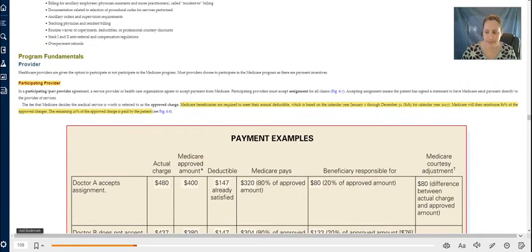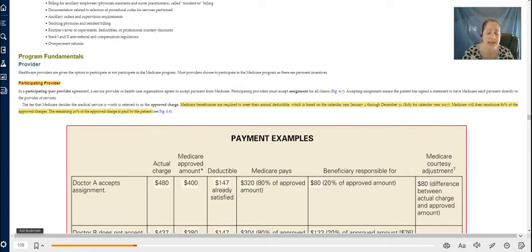Providers. As a doctor's office, we can choose to participate or not participate with Medicare. That means we signed a contract and we agree to certain things, and Medicare is going to agree to certain things if we sign the contract. Most doctors are participating.